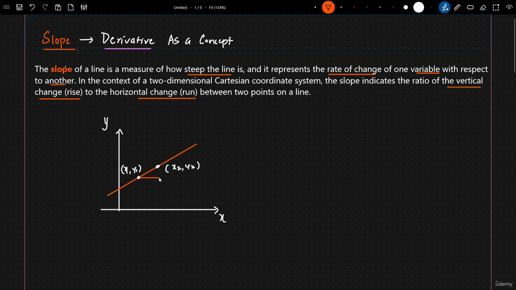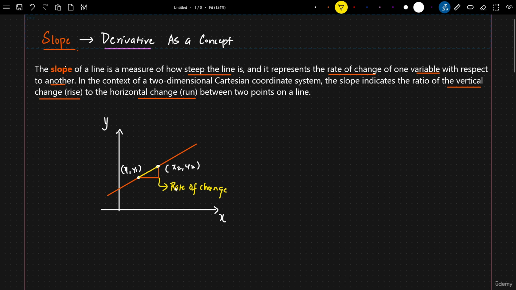If I'm moving by this many units towards the x-axis, how many units are we basically moving towards the y-axis? And this exact change is also called the rate of change. This rate of change is specifically determined as slope. So this line that you're able to see is nothing but it is basically talking about the slope.